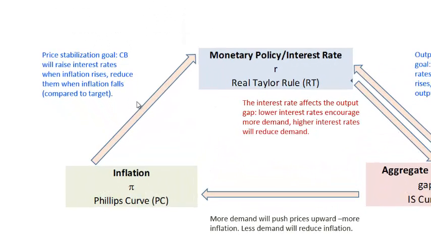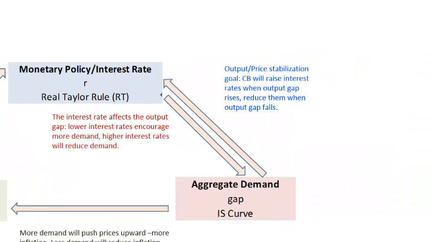It will raise interest rates if the inflation rate rises above the desired rate of inflation, what we call the central bank's inflation target. It will reduce interest rates if the inflation rate falls below that target rate. In the same vein, if the output gap rises, the central bank will also be raising interest rates, once again in order to pursue its dual mandate of price and output stabilization.